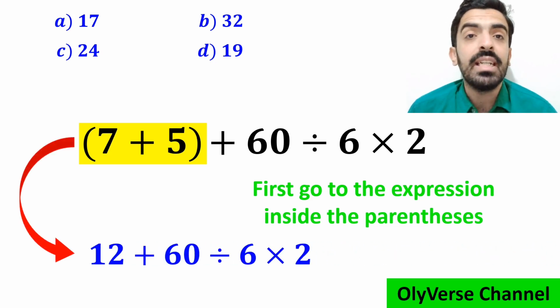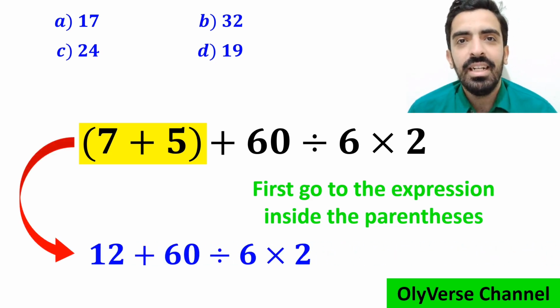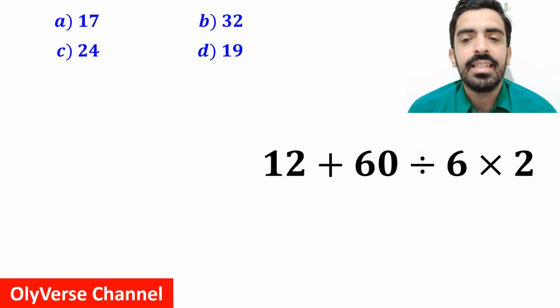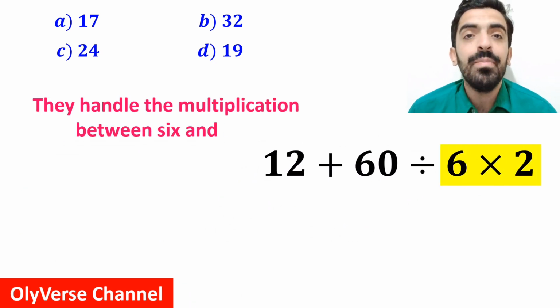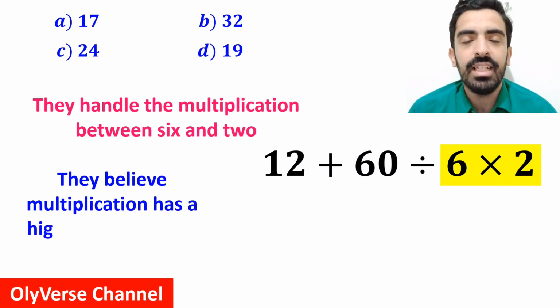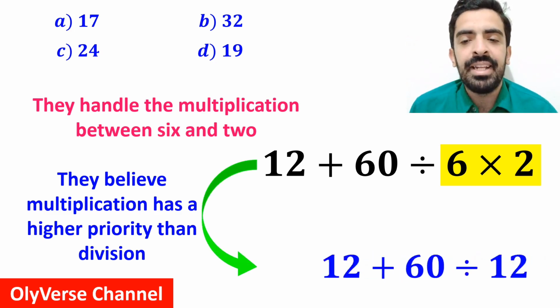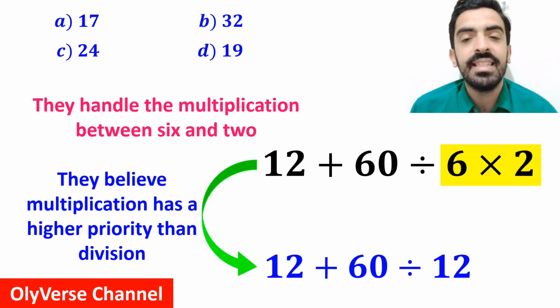Also, some other people when solving this question first go to the expression inside the parentheses and write this expression as 12 plus 60 divided by 6 multiplied by 2. In the next step, first they handle the multiplication between 6 and 2 because they believe multiplication has a higher priority than division. So, they rewrite this expression as 12 plus 60 divided by 12.